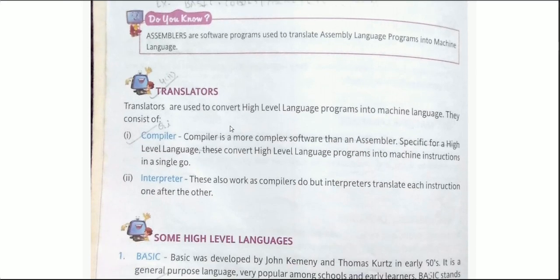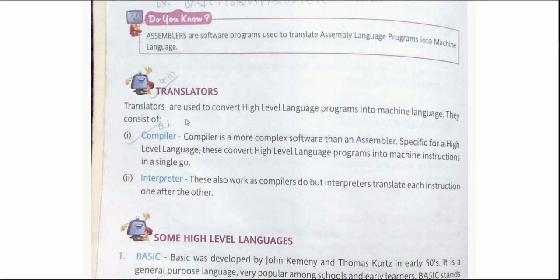See, basically they both come under a single thing that is known as a translator. Translators are used to convert high-level language programs into machine languages. They consist of a compiler or an interpreter. Basically, they convert your high-level language program into a machine language program.